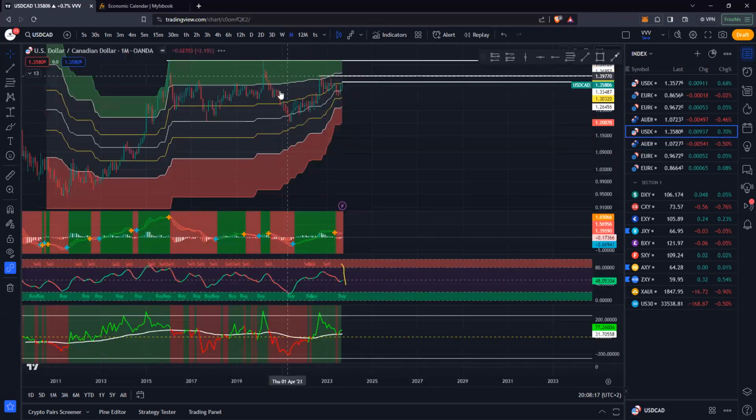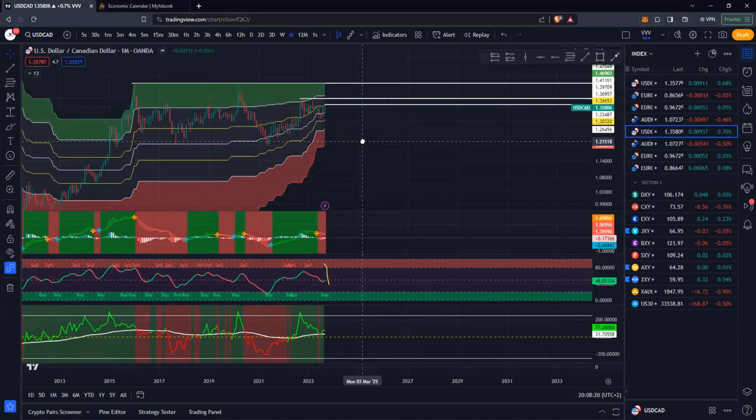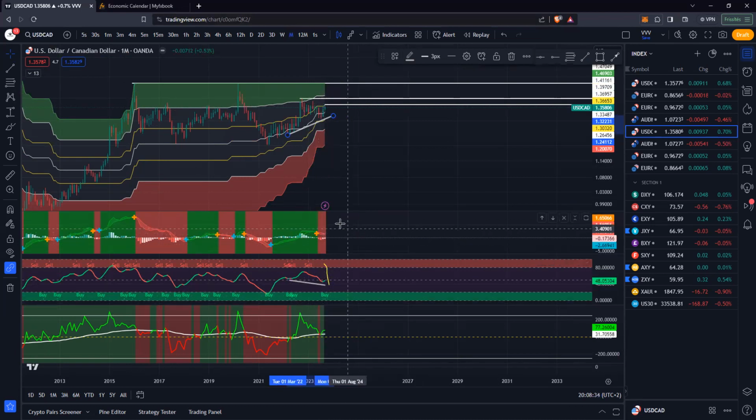Okay, let's go back to the USD CAD. Here is a divergence actually on monthly basis. So the main direction is to the upside. Okay, we just made the divergence. We are above the zero line, the REMA bouncing. So those are good signs.